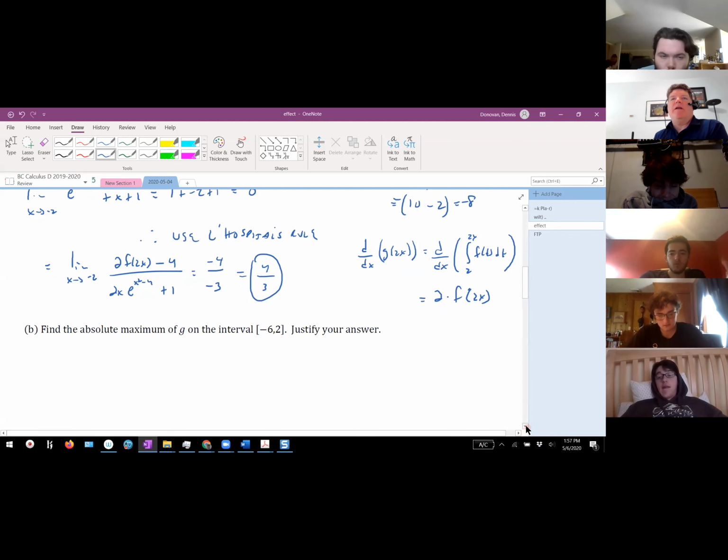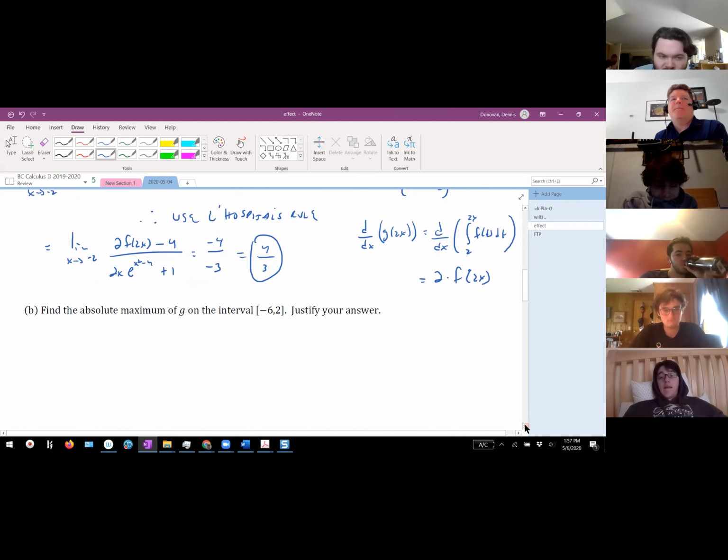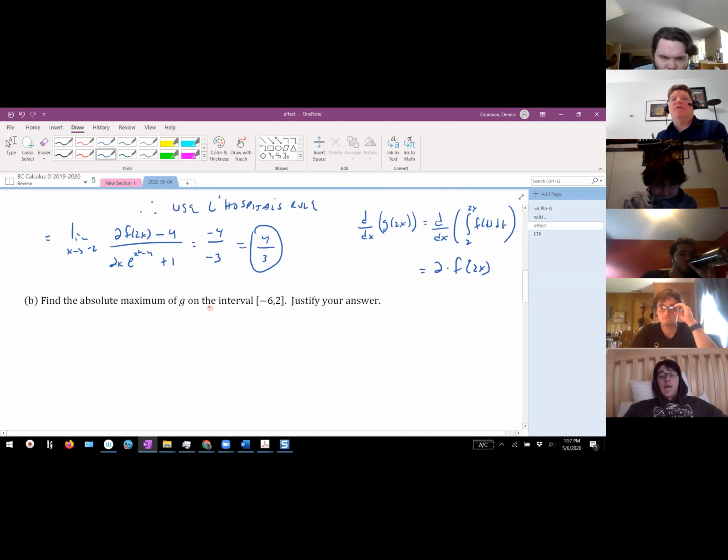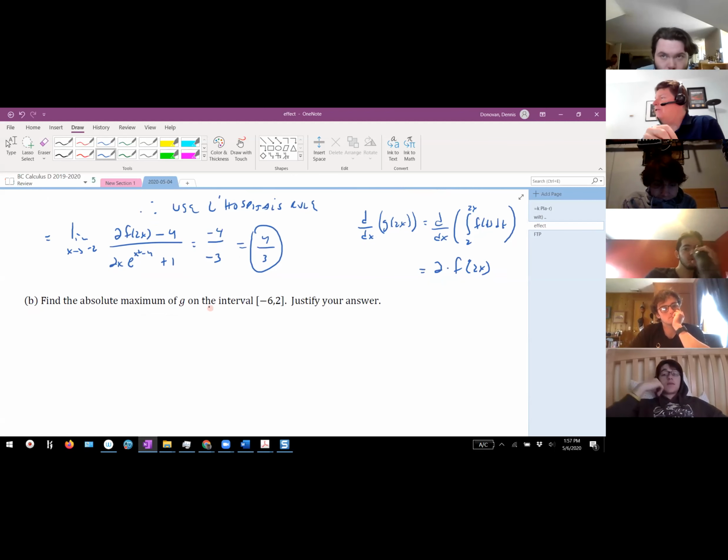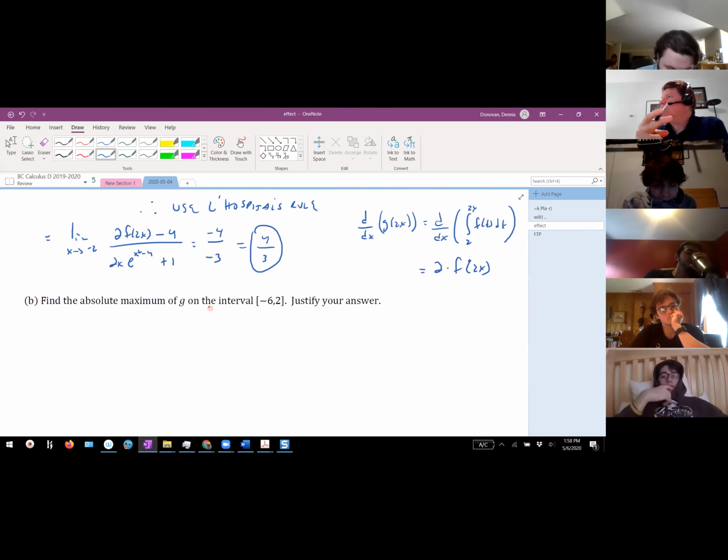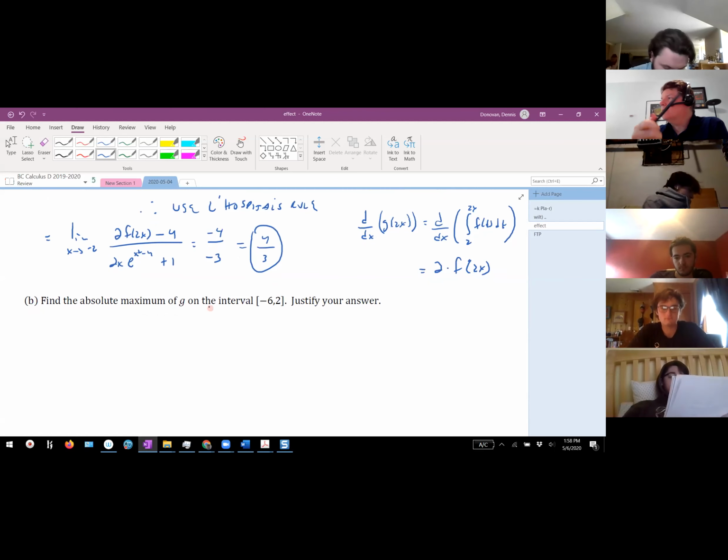All right, part B. Find the absolute maximum of g on the interval -6 to 2. Justify your answer. What do I have to do first?